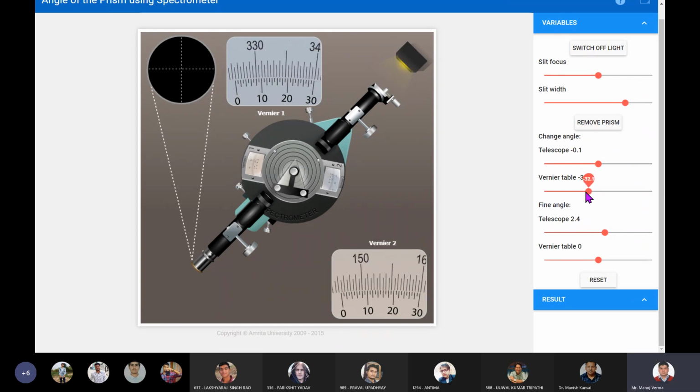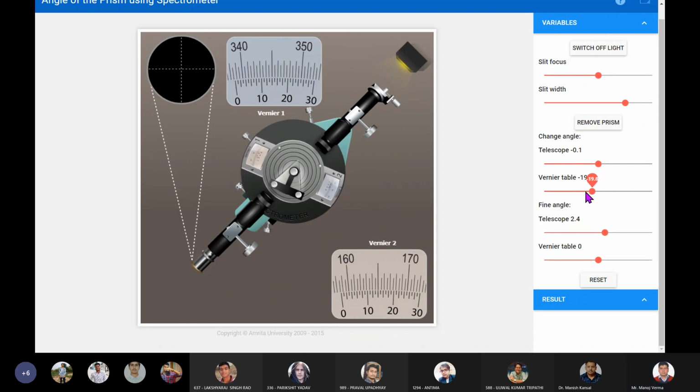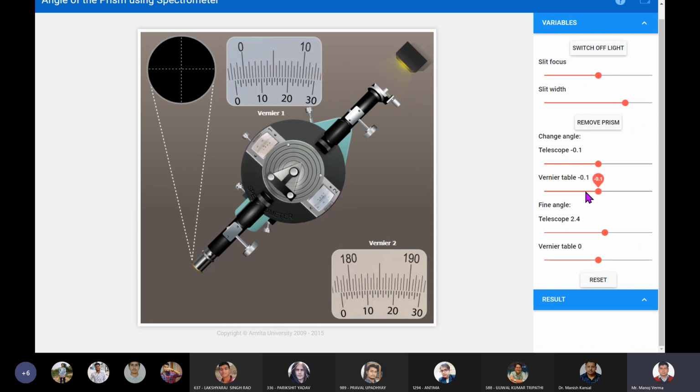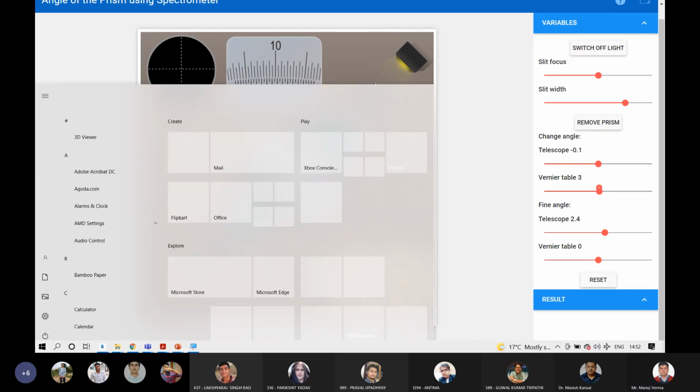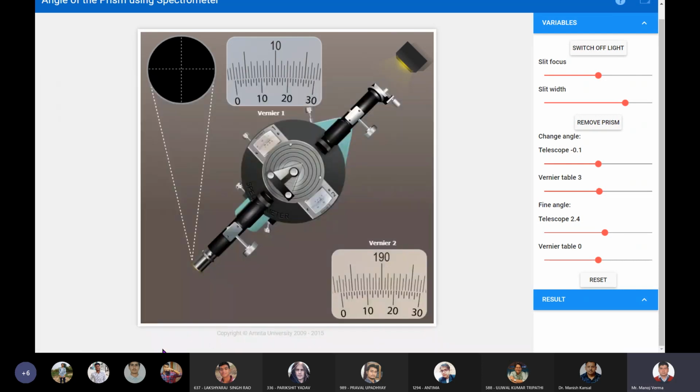Now I am moving my prism table because I want the edge of the prism, the angle which I want to find, to be exactly in front of this collimator.